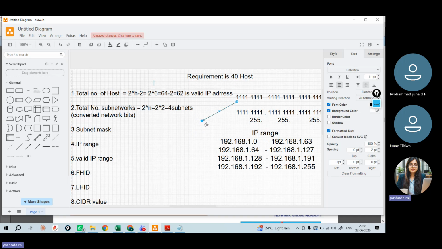This is the IP range. Now I have to write valid IP range. How to write the valid IP range?